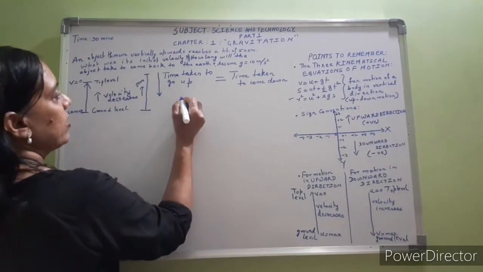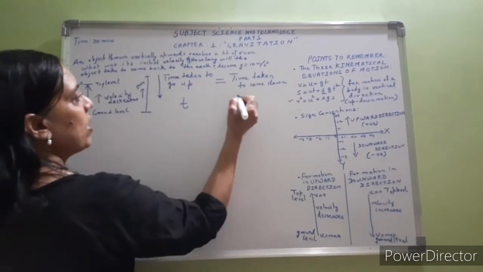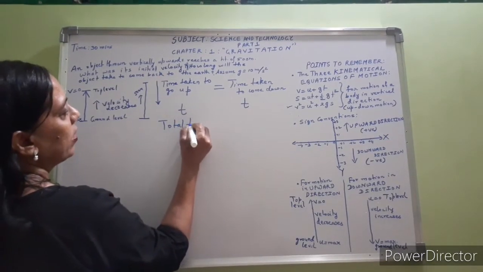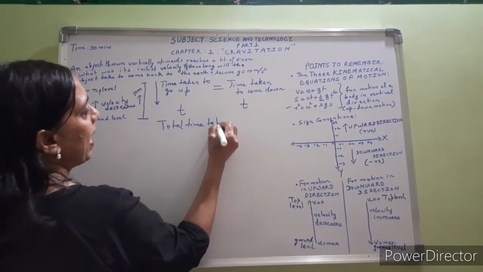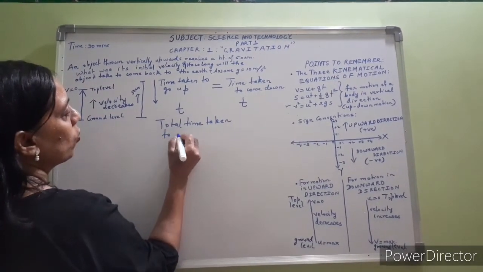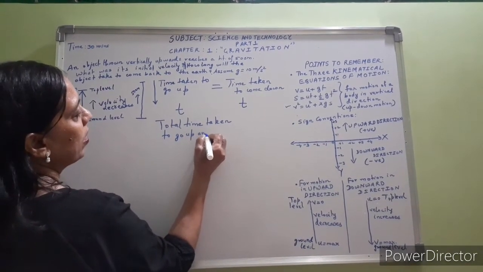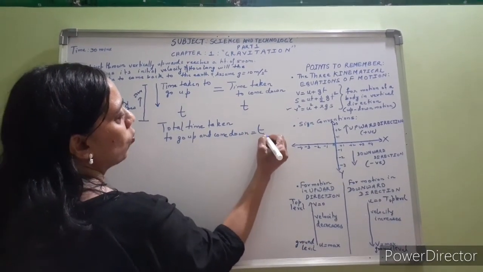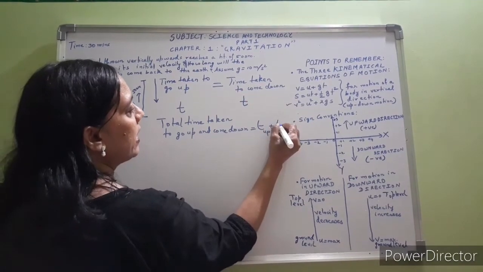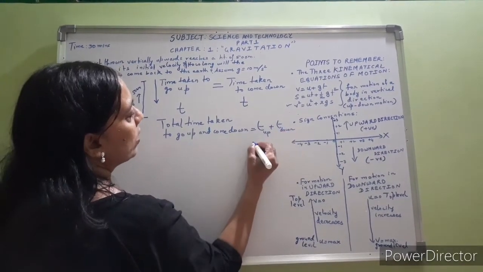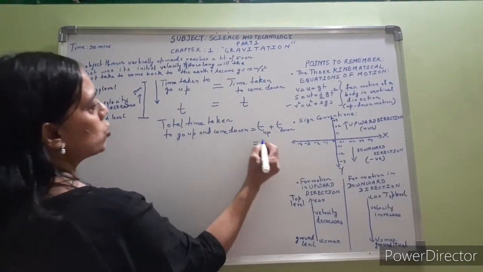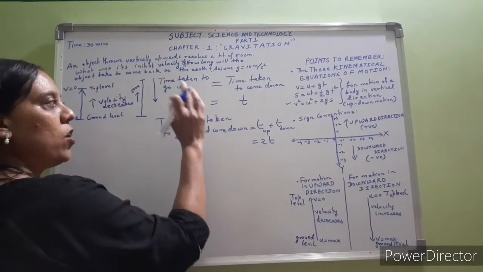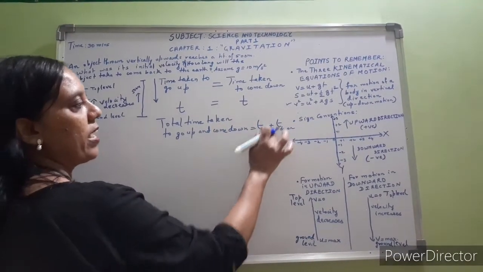So suppose this time I denote by t. So same will be the time to come down. So total time taken to come back to the earth, total time taken to go up and come down will be t जो ऊपर जाते वक्त लग रहा है प्लस अगेन t जो नीचे आते वक्त लग रहा है, और ये दोनों इक्वल होंगे, क्योंकि इक्वल है सो इट विल बी 2t बिकॉज सेम टाइम लग रहा है ऊपर जाने के लिए भी और उतना ही टाइम लग रहा है नीचे आते वक्त भी.